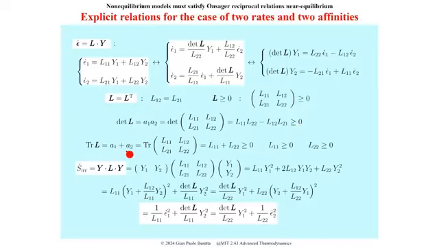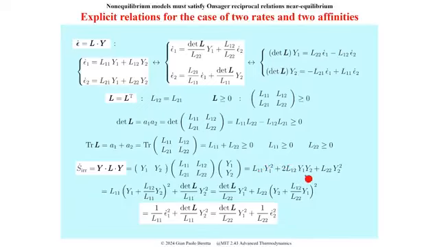The sum, which is the trace of the matrix, is non-negative, and so on. And the rate of entropy production is a quadratic form of this matrix. And a quadratic form is written in general this way.